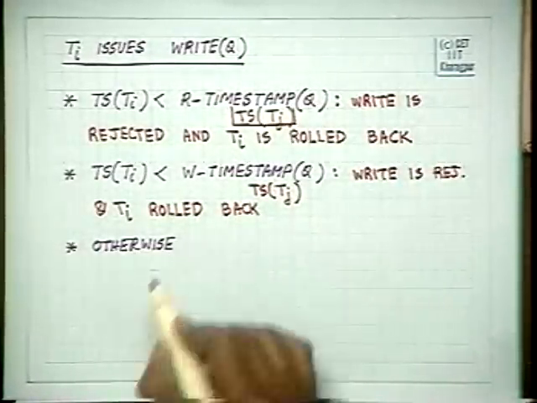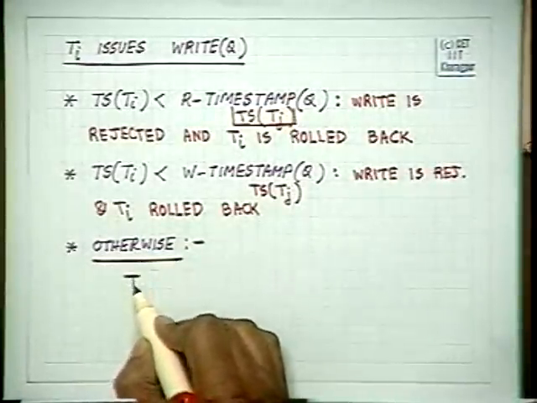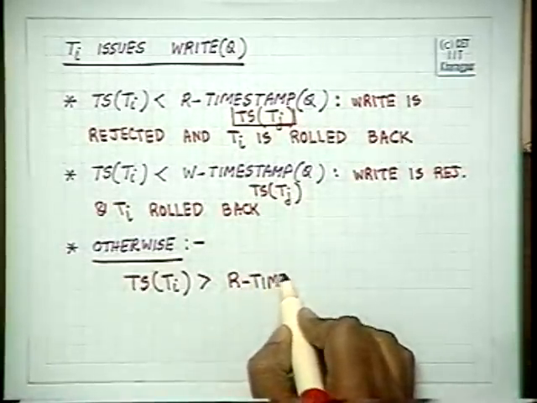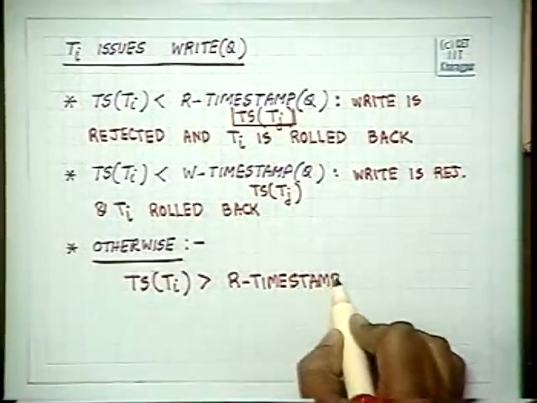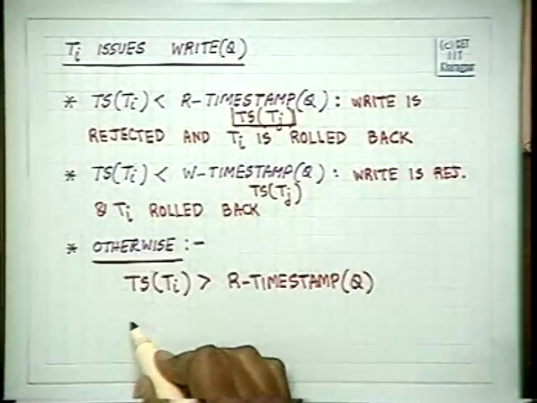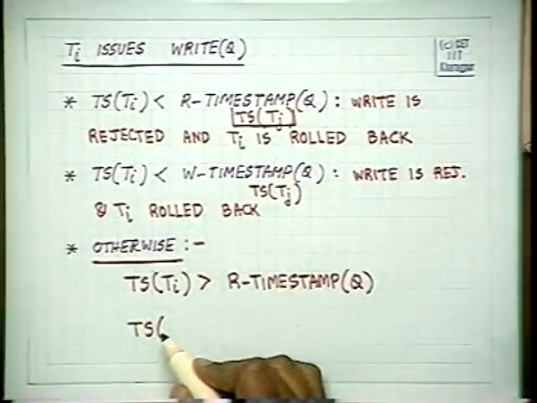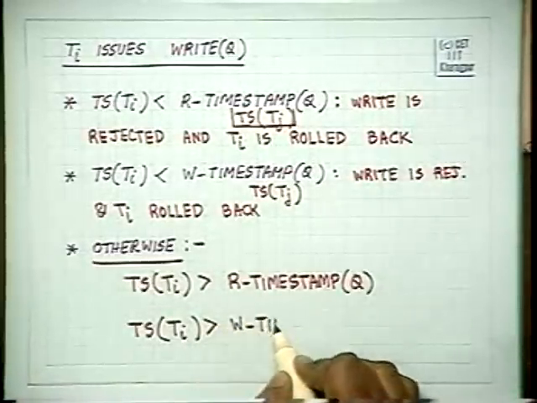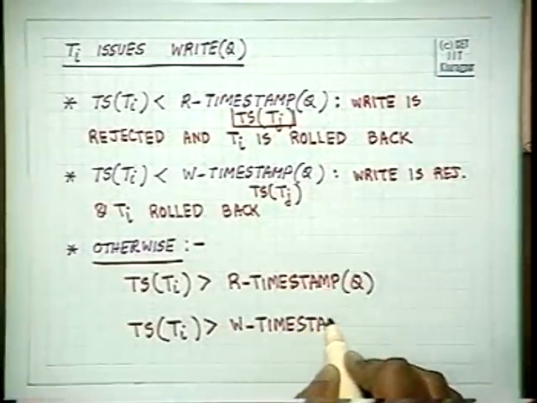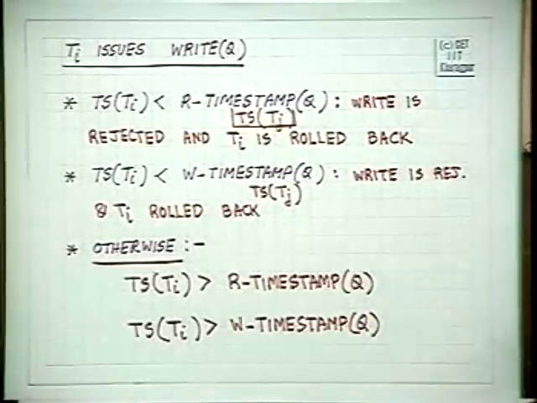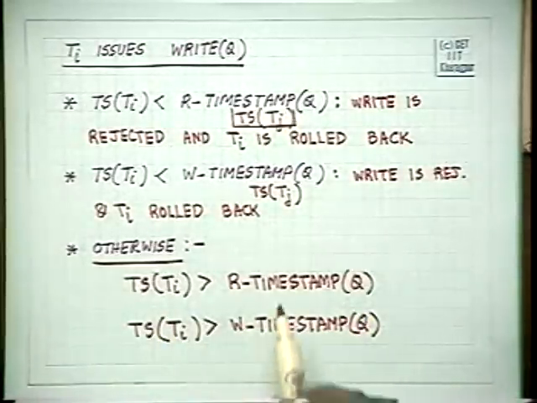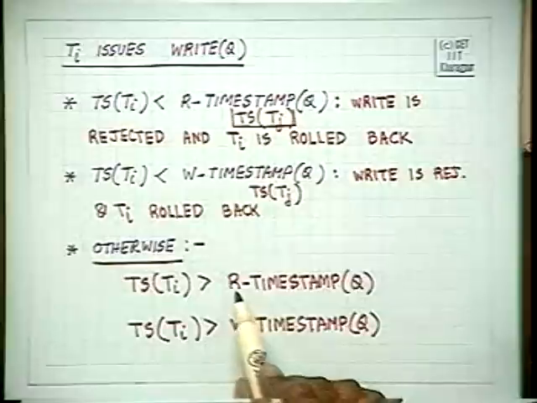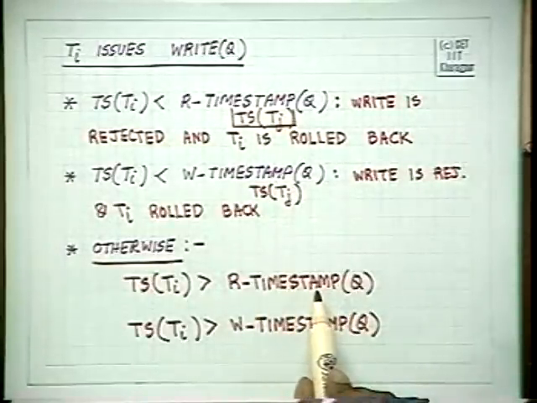What are the other two situations that can occur in the otherwise part? One is TS(TI) is greater than R-timestamp Q, and the other is TS(TI) is greater than W-timestamp Q. These two situations are quite safe, because if this is of TJ, then TI is trying to write a data that somebody has written, but whoever has written this data started before TI.